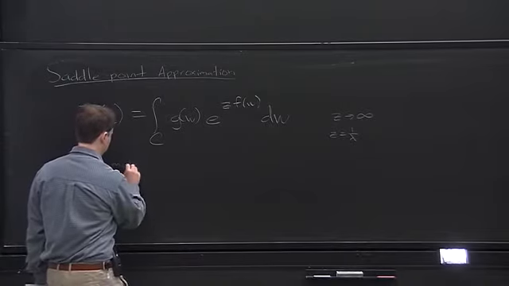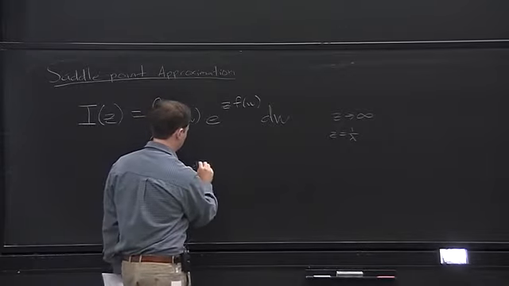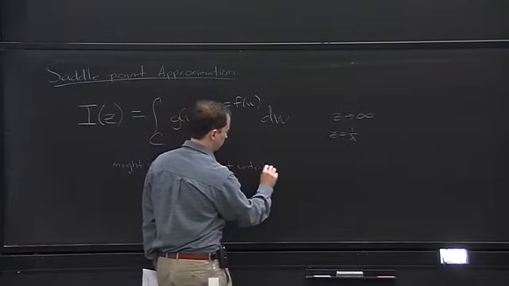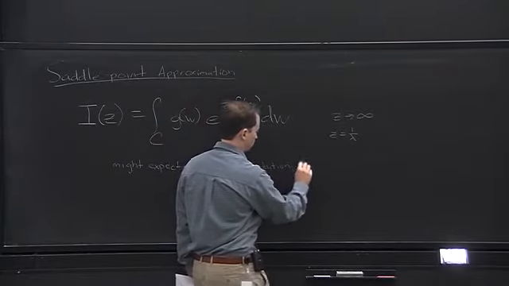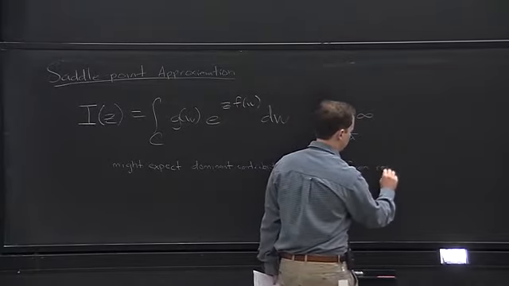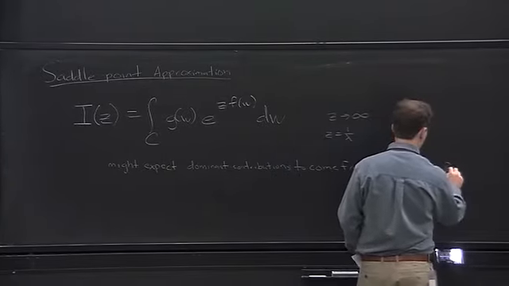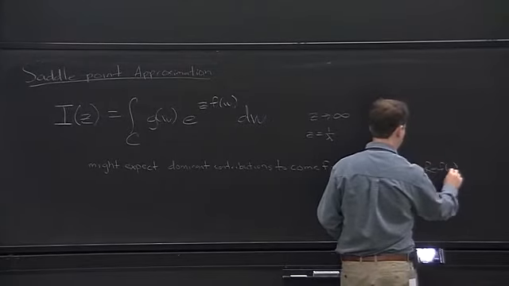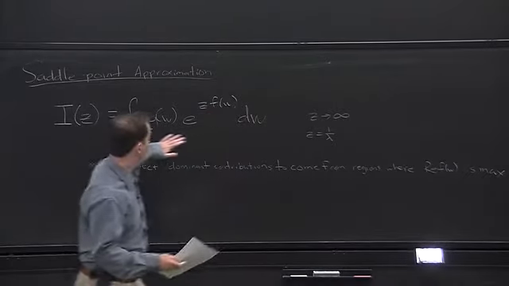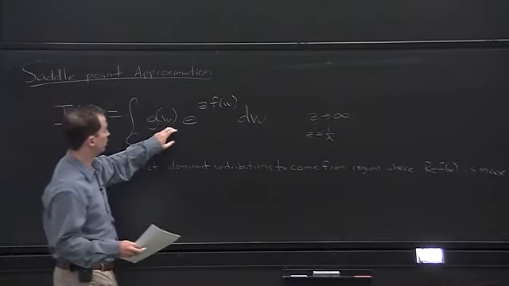So we might expect the dominant contributions to come from regions where the real part of f is a maximum. That's basically the same approximation we made yesterday in Stirling's approximation.